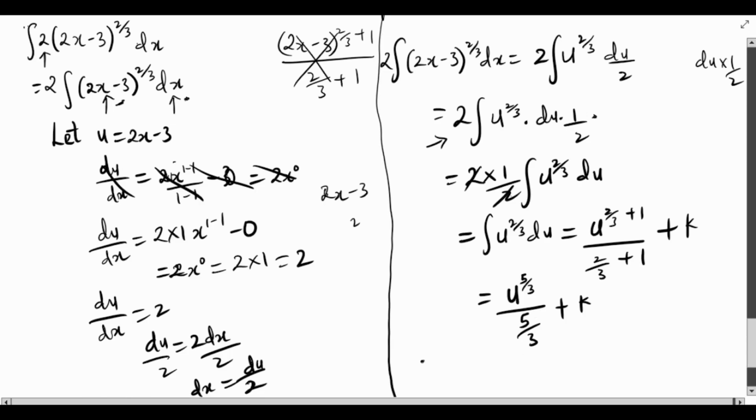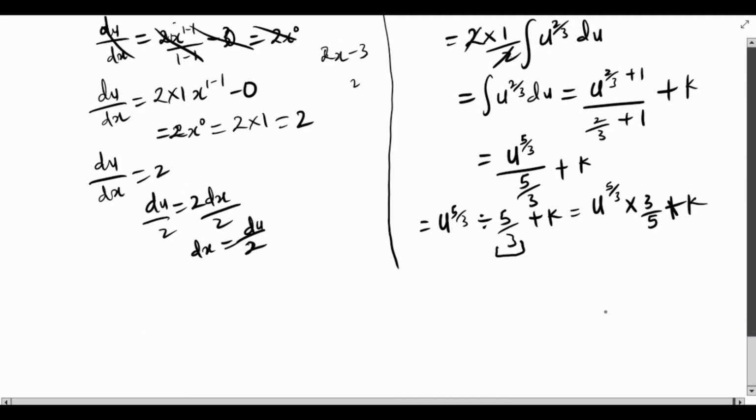Good. So this will be u to the power of 5 over 3 divided by 5 over 3 plus k, which is u to the power of 5 over 3 times the multiplicative inverse. That means you multiply instead of divide, but you change it to 3 over 5, the inverse, plus k.